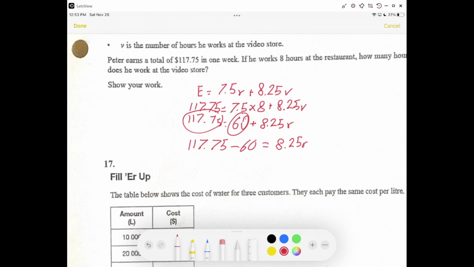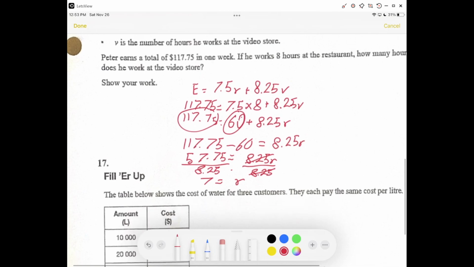Once you subtract this, it's 57.75, equal to 8.25V. We are still going to divide by 8.25 from both sides. Obviously, this side gets cut off. And our answer will become 7. So he works 7 hours at the video store.